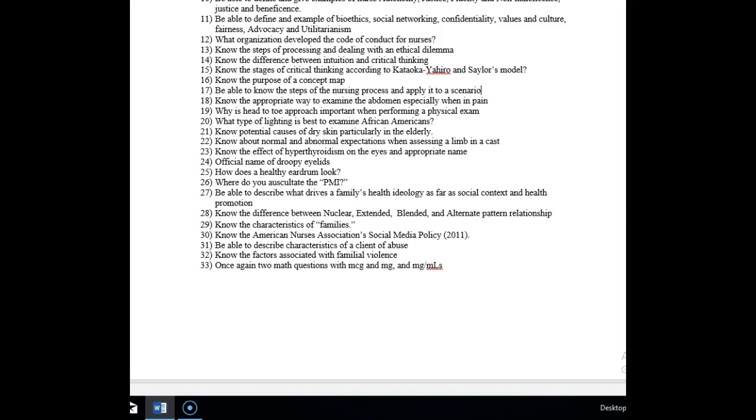Resiliency means basically that the family is just coping with any type of unexpected or expected stressor.